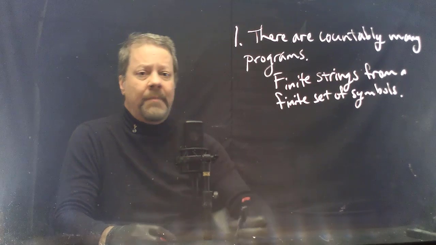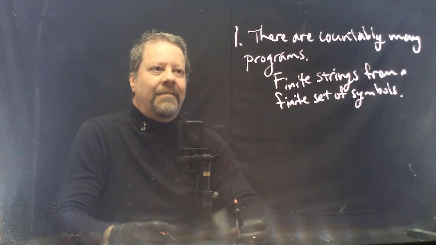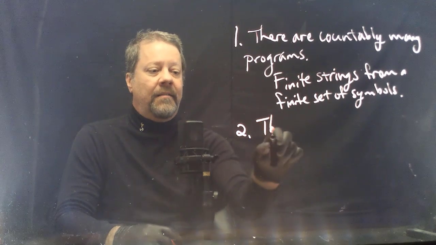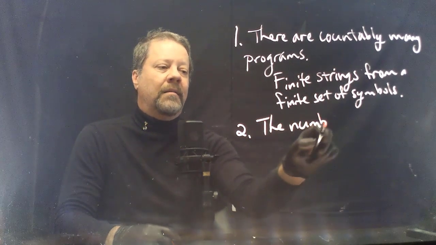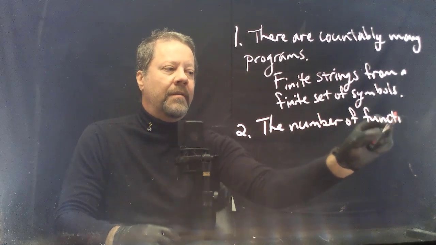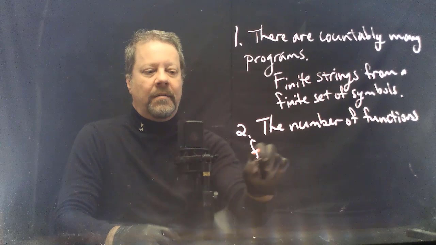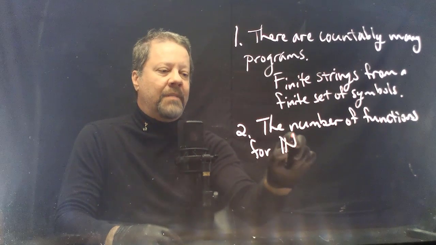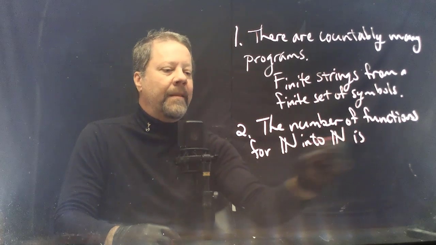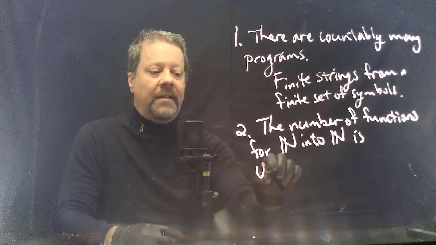And there can clearly be only a countable number of such things. Second, the number of functions from the set of natural numbers into the set of natural numbers is uncountable.